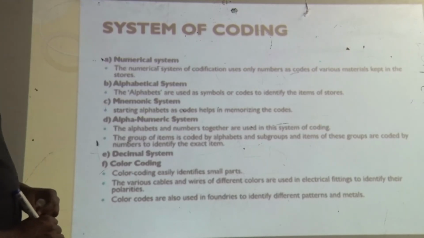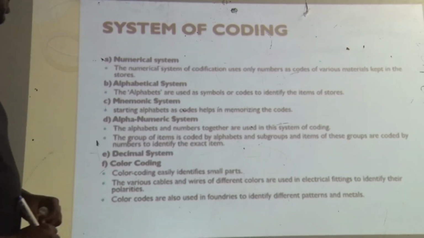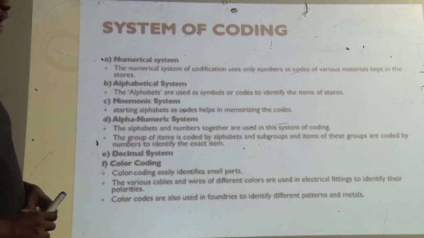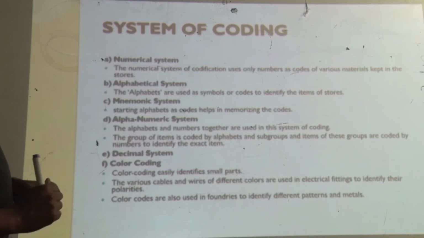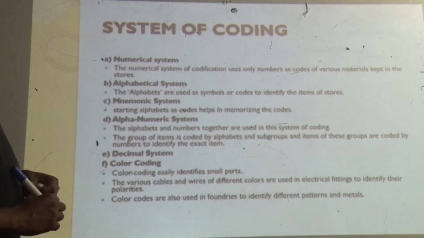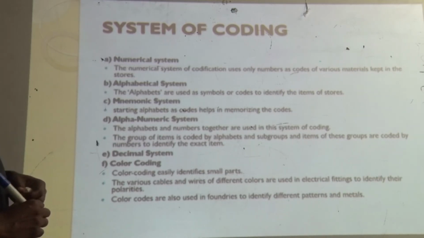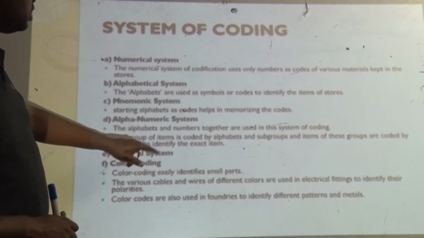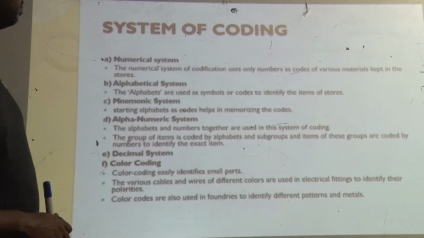The mnemonic system starts with alphabets as codes, and this allows you to easily memorize the codes. Alphanumeric, on the other side, uses both alphabets and numbers, as the name suggests. You use alphabets and at the same time you use numbers.